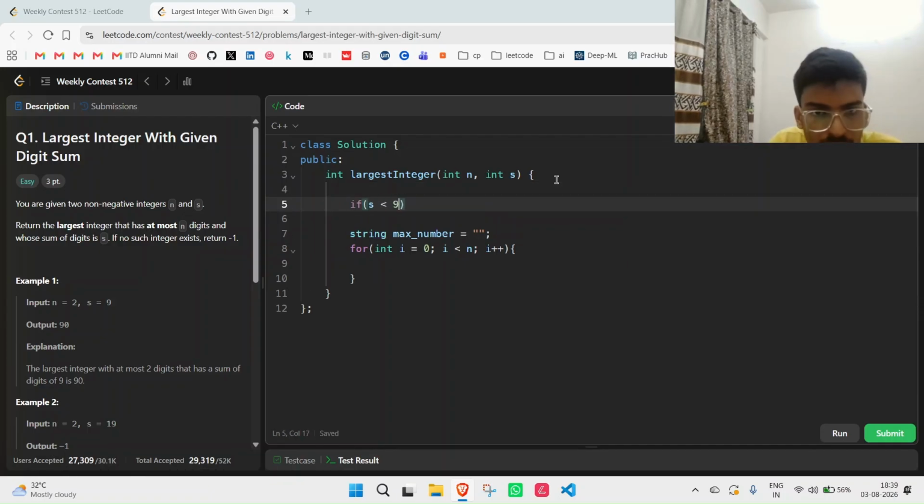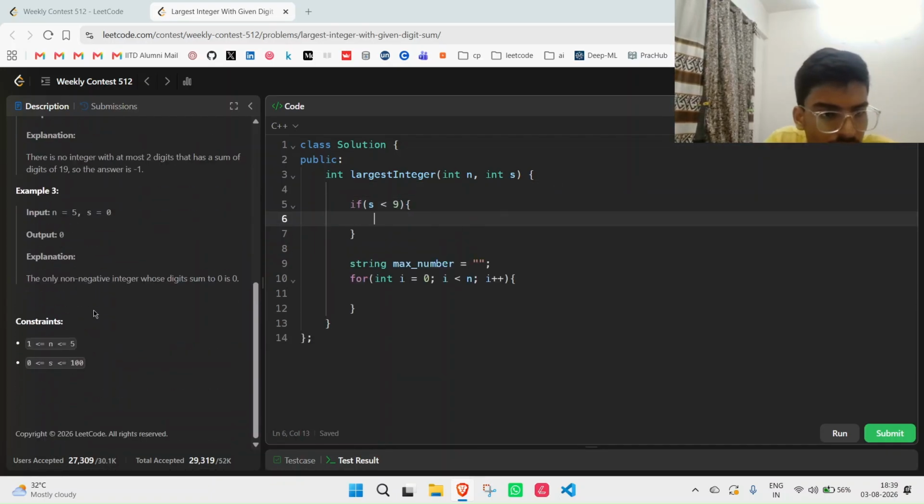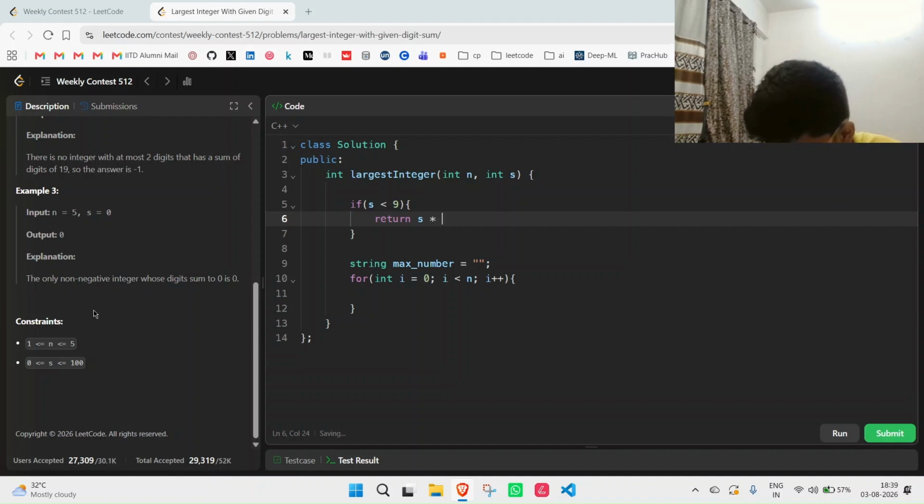If s is less than 9, what is the range of s? So if s is less than 9, we can return s into the power of n minus 1. So we put 5 at the first place, the most significant digit.